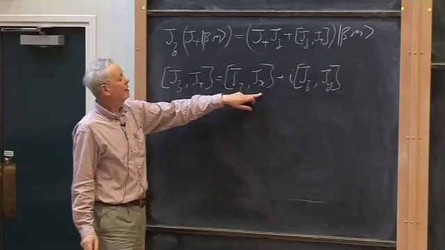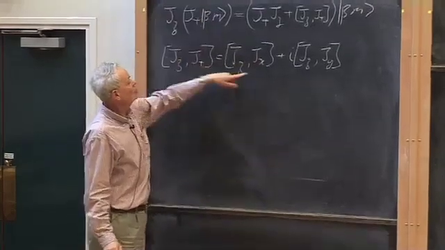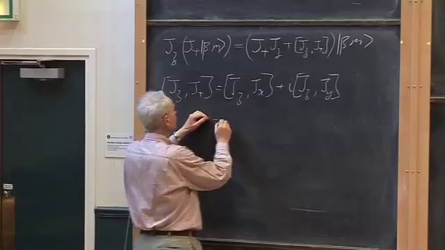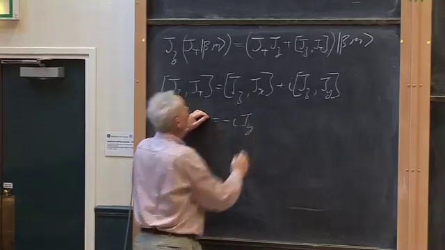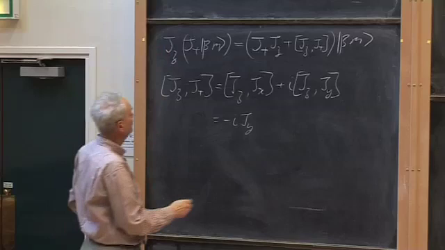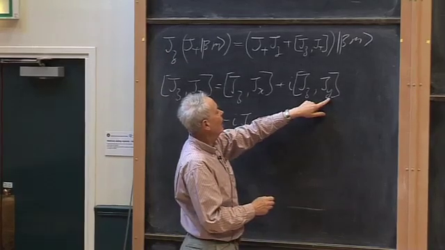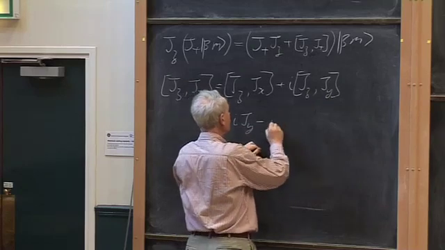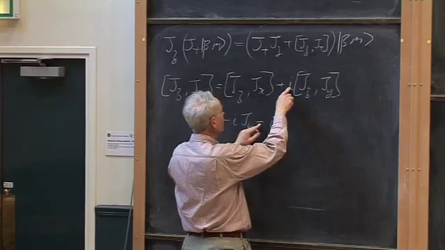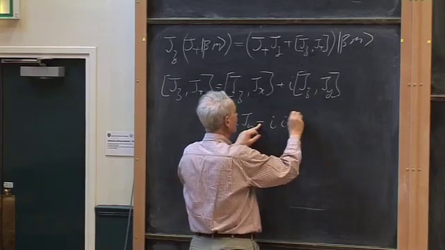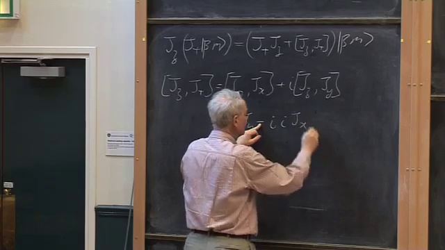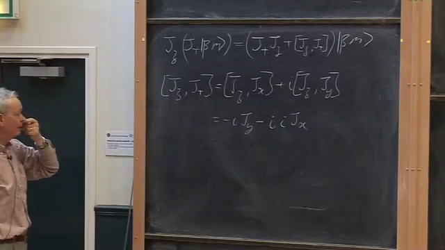This is minus i Jy from the rule given way up there. And this is minus i. So this is going to be i, this i, minus coming up another i, Jx, again from the rule above.